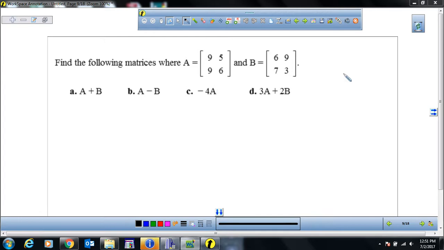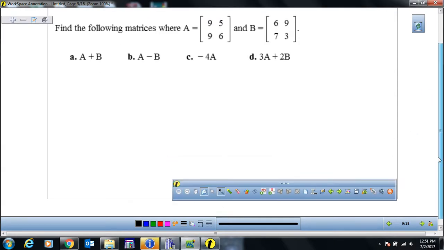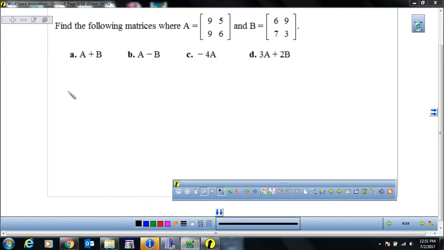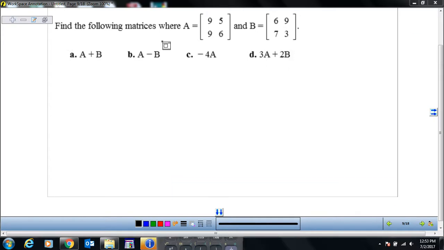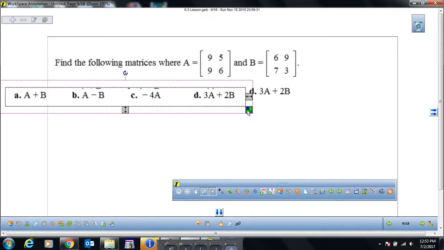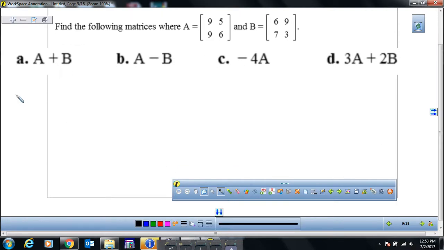Find the following matrices where A equals 9, 5, 9, 6 and B equals 6, 9, 7, 3. The first operation that we want to do says find A plus B. That's the first thing we're going to find here, A plus B.